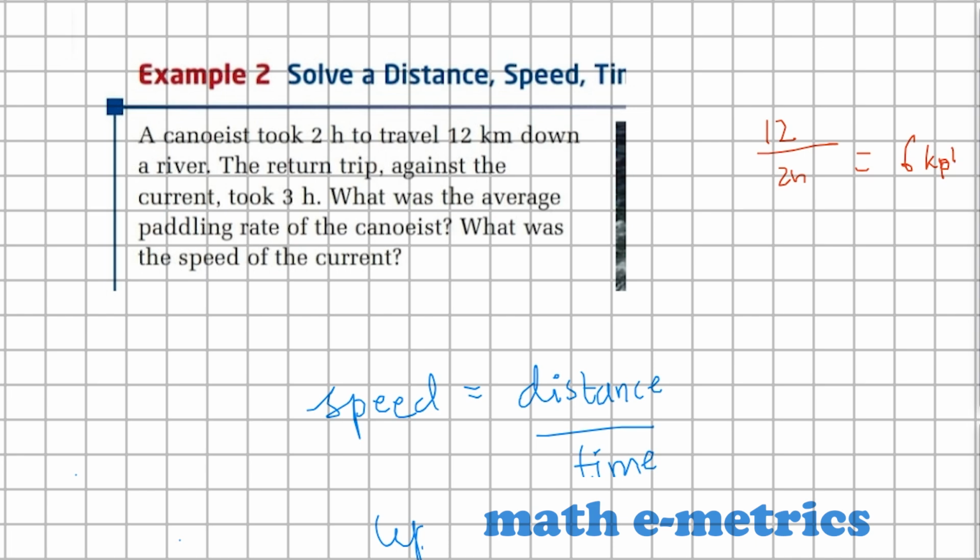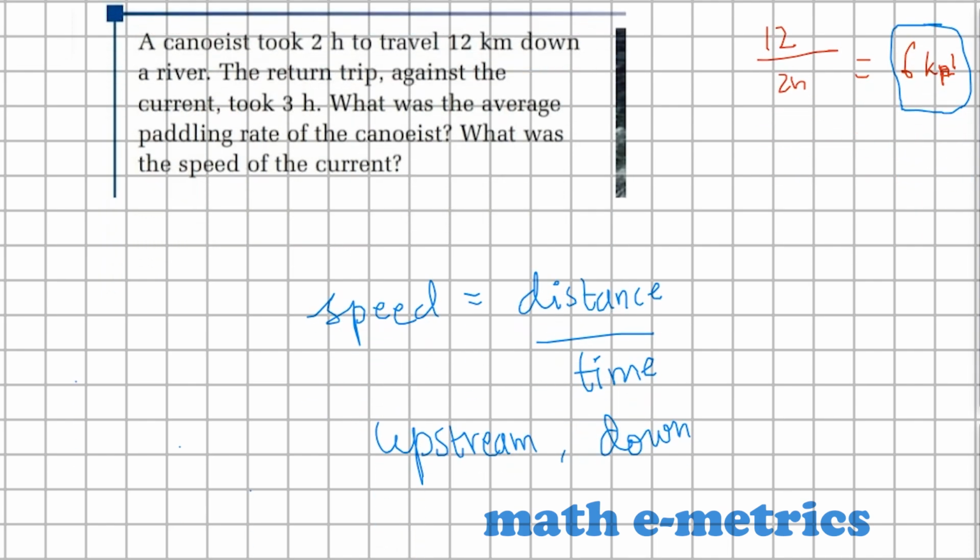Okay. One thing you need to notice is that this speed is not just his speed. Because he is traveling in a river, there are also water currents. So you have to involve that speed also.